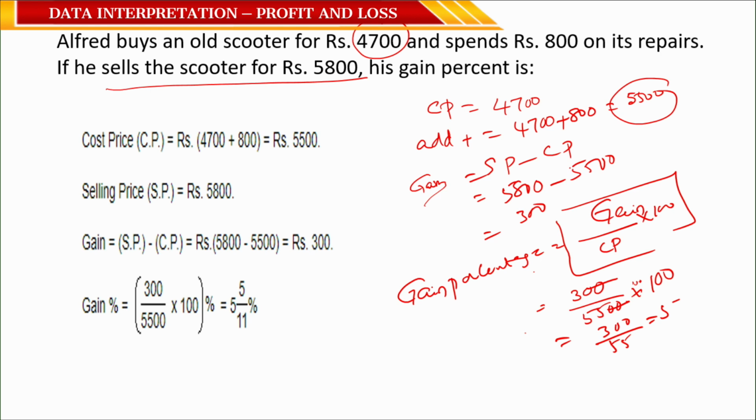Otherwise you can simplify it better: divide by 5, it becomes 60 by 11, which is easier to convert. 11 fives are 55, 5 is the remainder, 5 is the quotient, so 5 and 5 by 11 is the answer. Is it clear? This is how you calculate the gain percentage or loss percent.